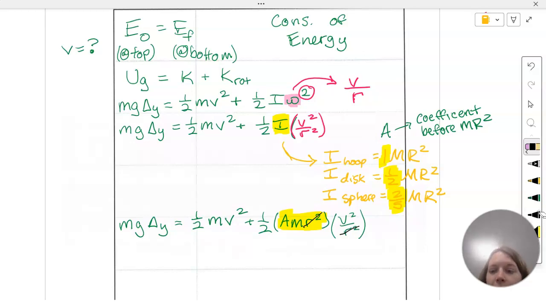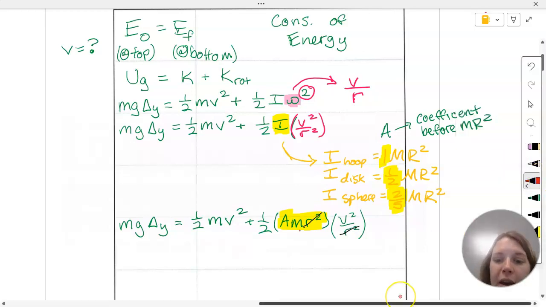So then another thing that I notice is we have an m in every term, and whatever operation you do to one side of an equation that has one term plus another term, you have to do to every term. So we're going to divide all these terms by m, and then the m's cancel and become 1.